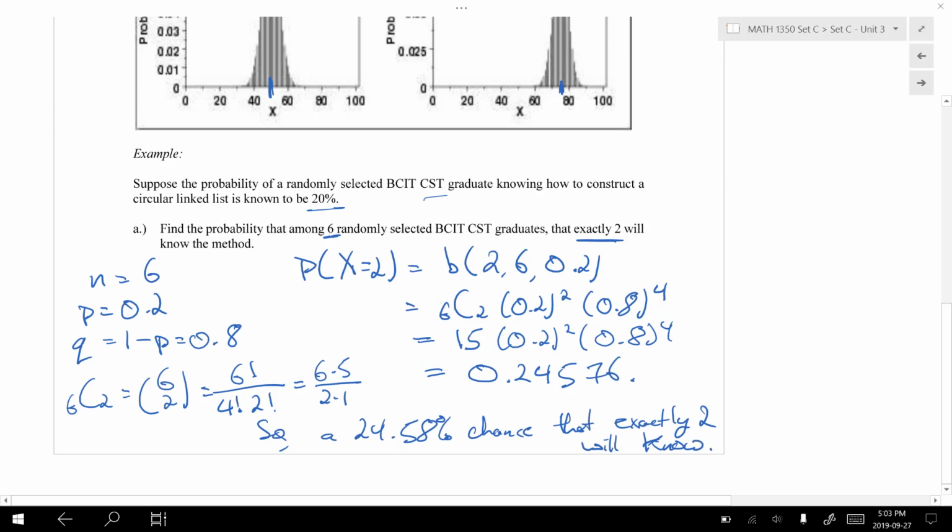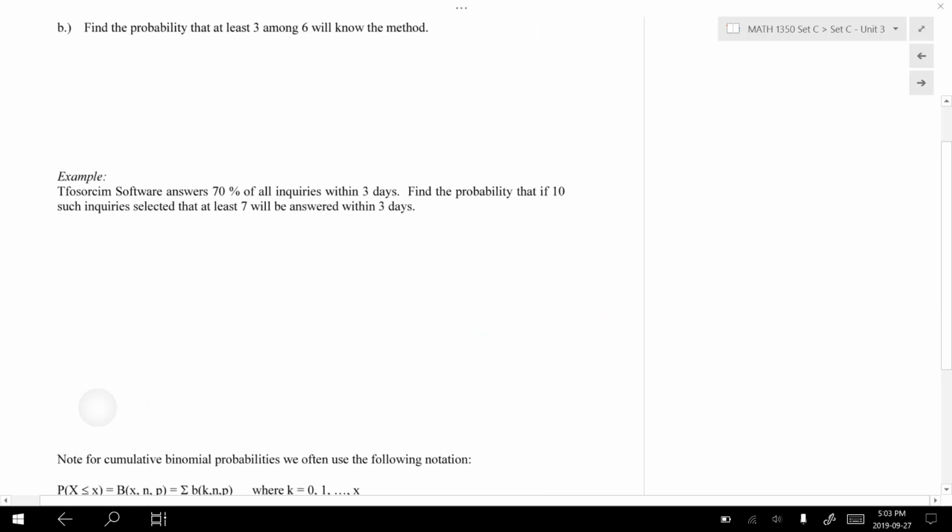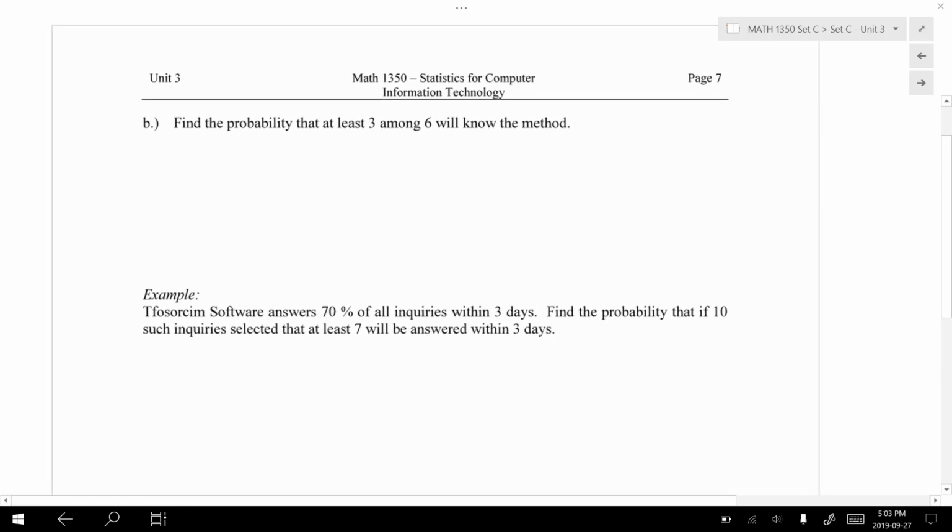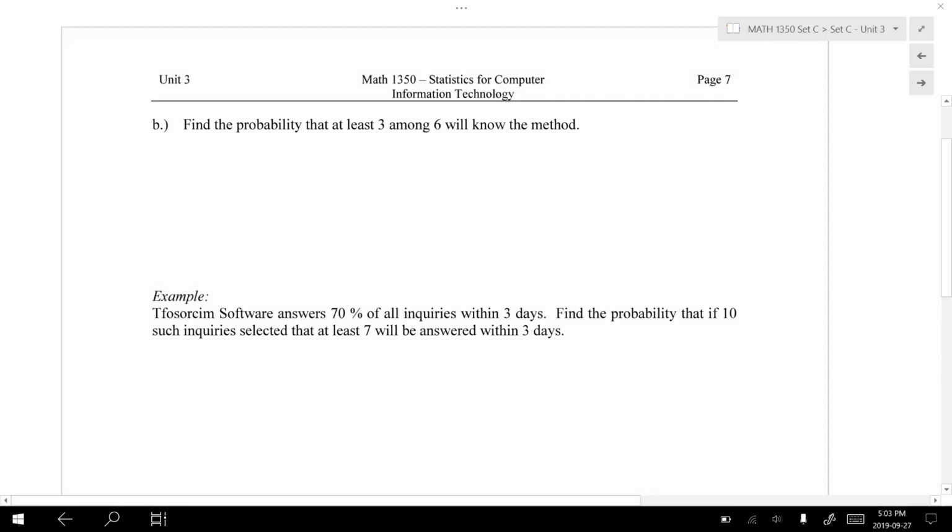Okay, that sounds fine. This is one kind of question you might have, exactly 2 will know. But you may also have a question about maybe at least a certain number knowing. So you may wish to find the probability here that at least 3 will know. Now again, we have n equals 6.